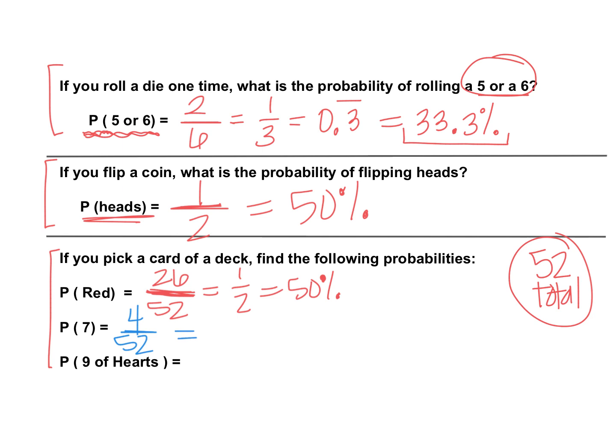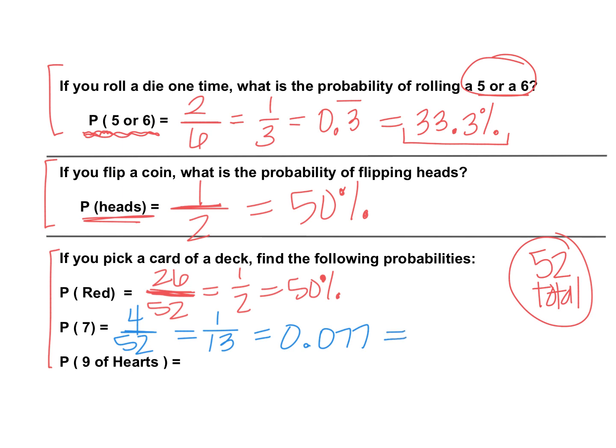So 4 divided by 4 is 1. 52 divided by 4 is 13. And then I could leave it like that. And if I put in my calculator 1 divided by 13, I get 0.077. I'm going to round to the nearest thousandth.